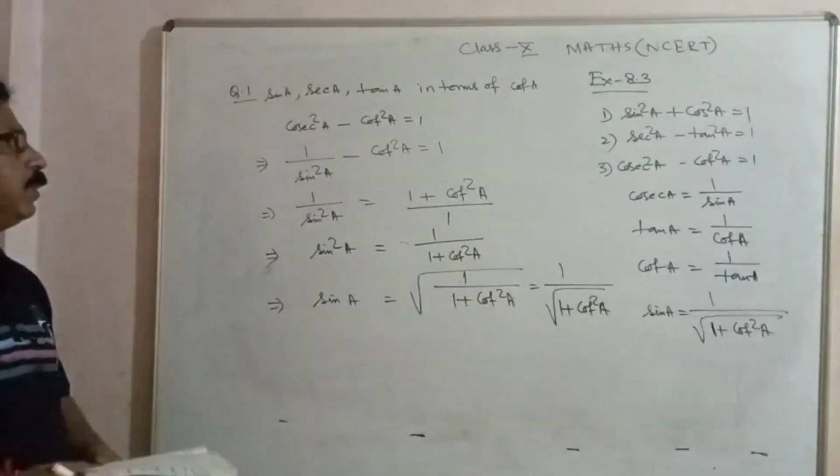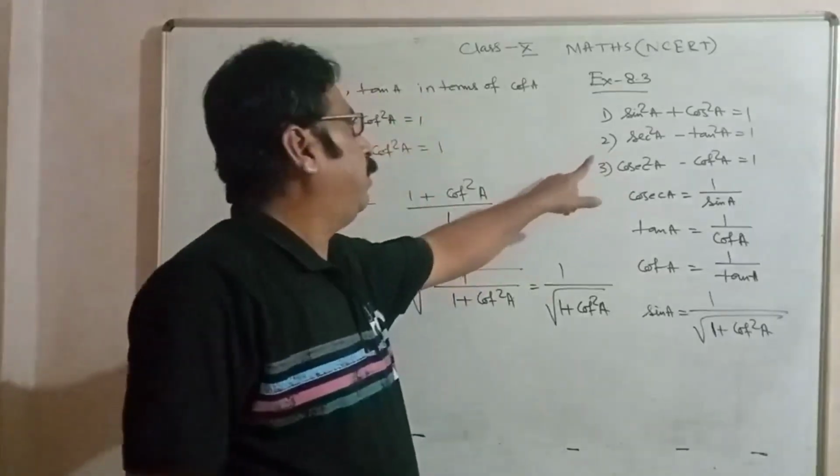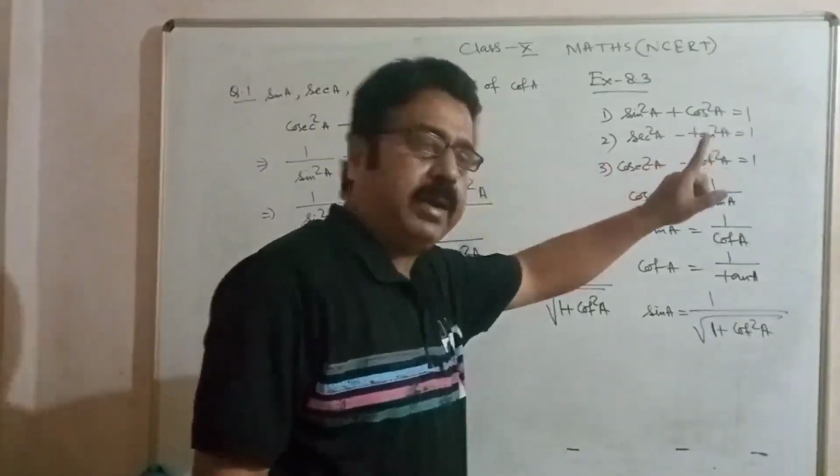Now sec A. For sec A, we can choose this identity because sec square A minus tan square A is 1.